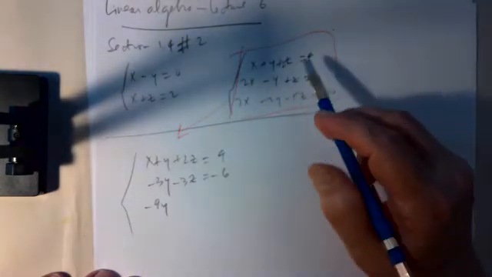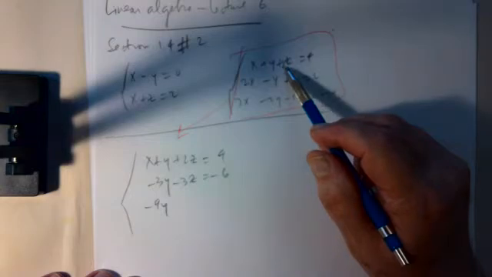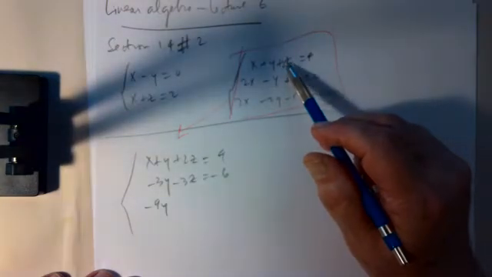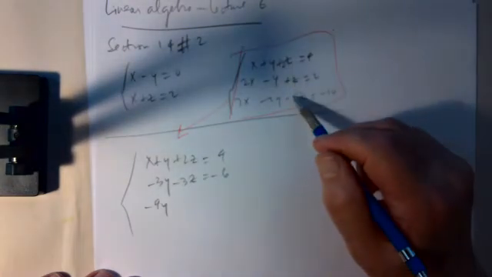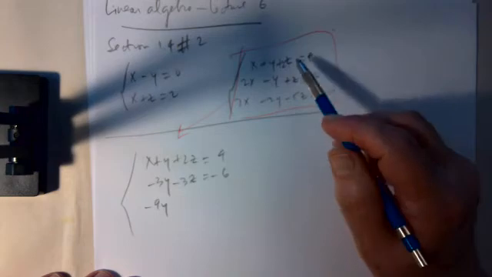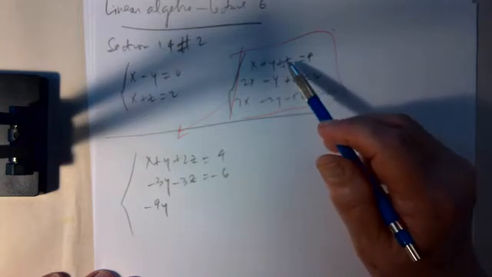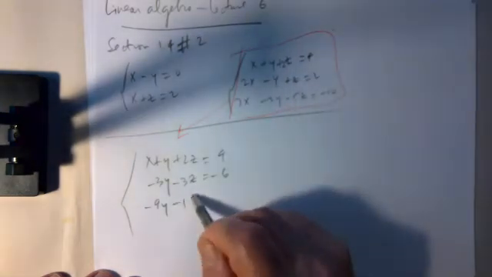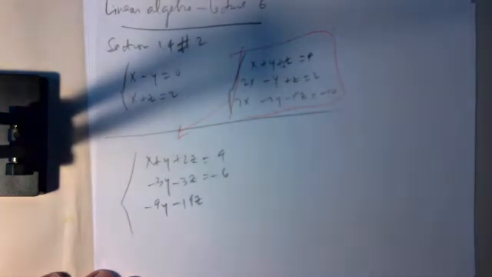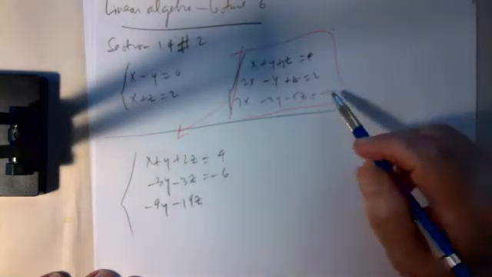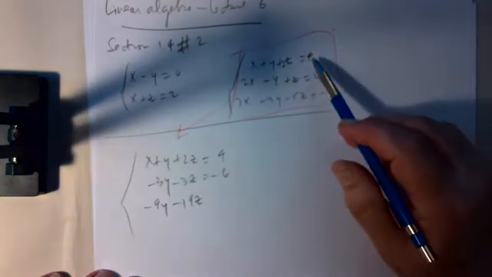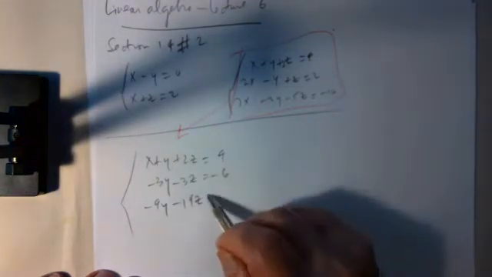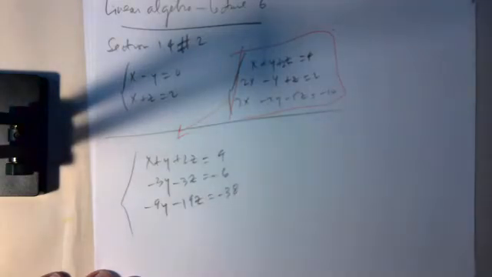Minus 5z minus 7 times 2, minus 14z, is minus 19z, equals minus 10 minus 28, which is minus 38.